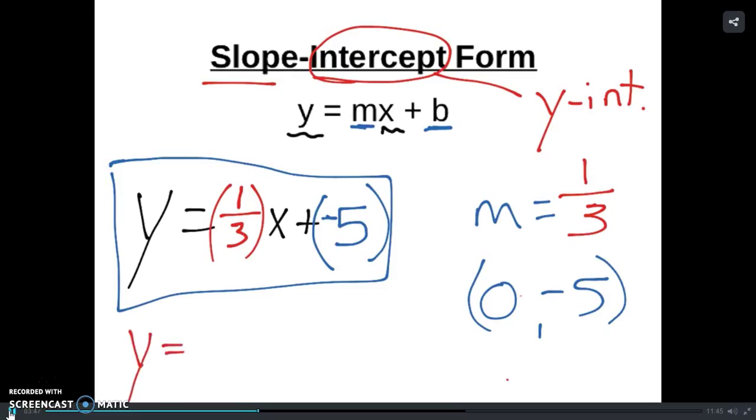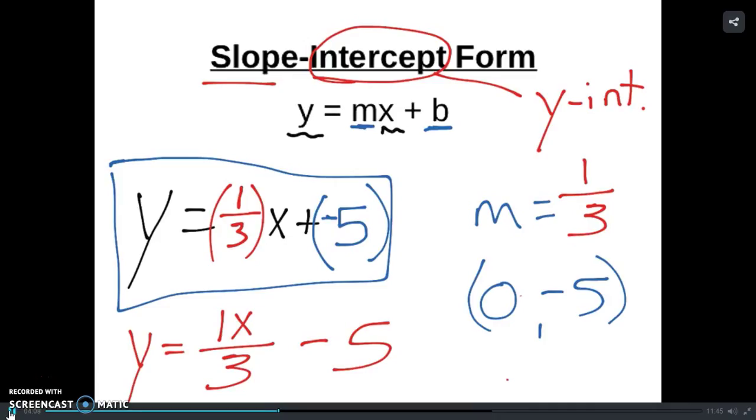Or you can write the same thing as 1x over 3, minus 5. This is fine. The only place you can't put that x is in the denominator. So it cannot be in the denominator.